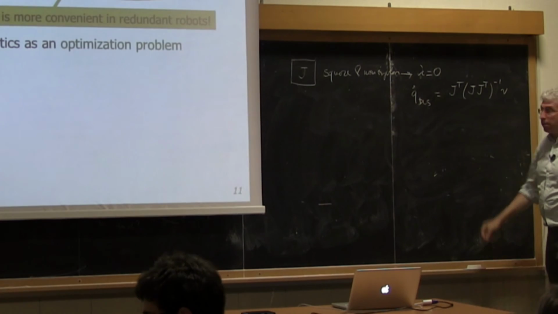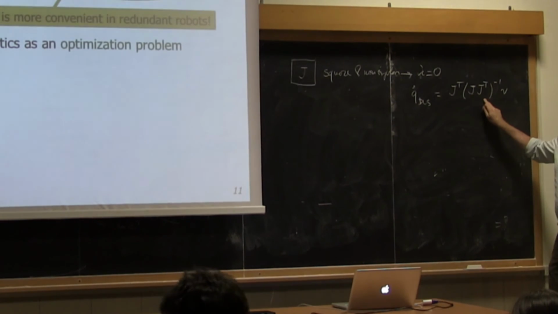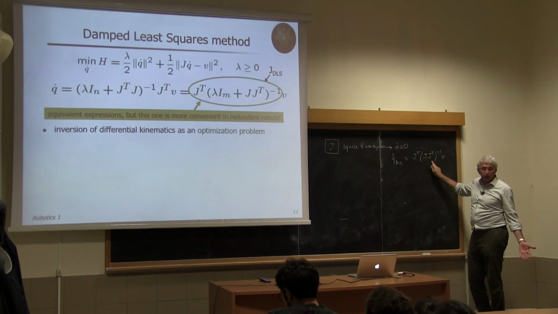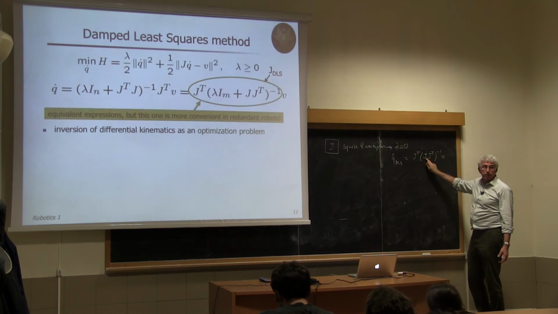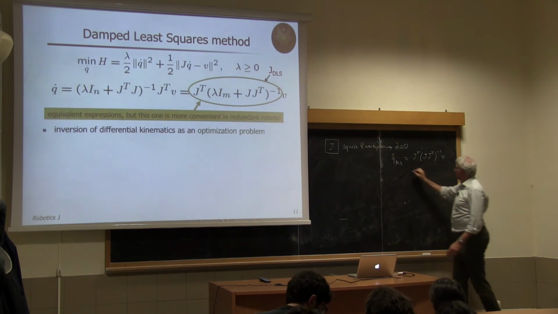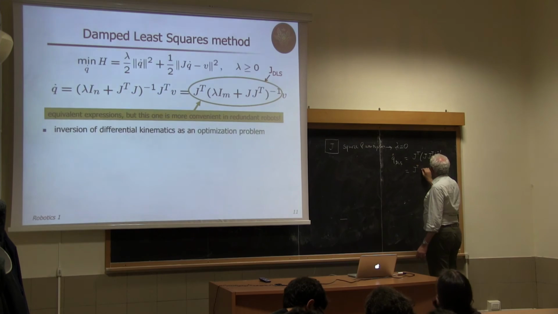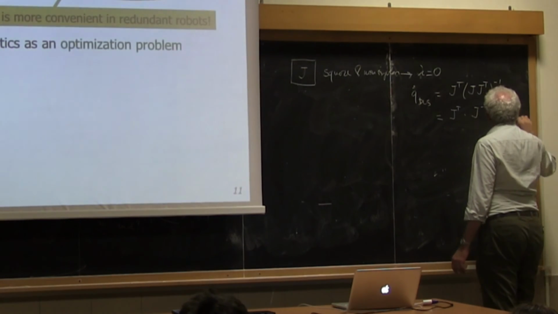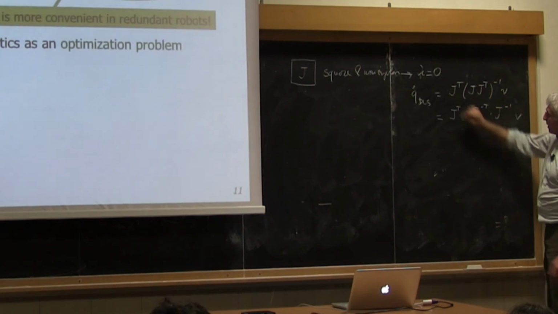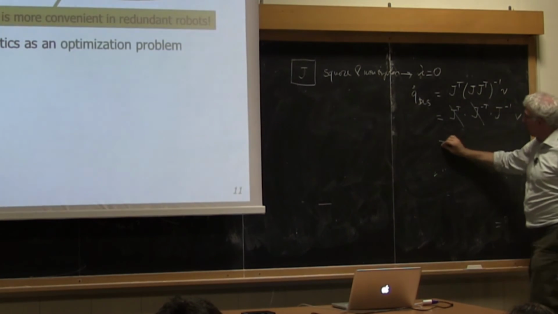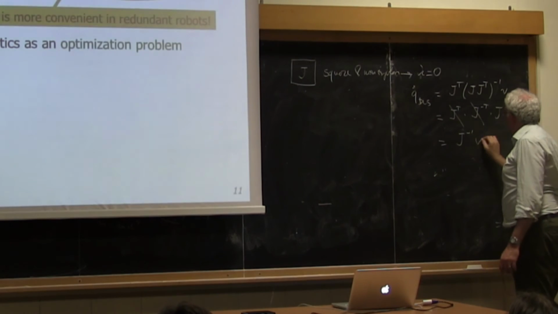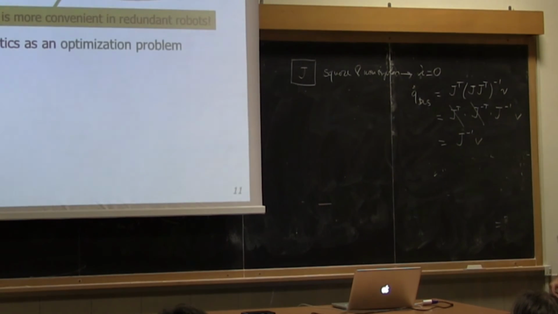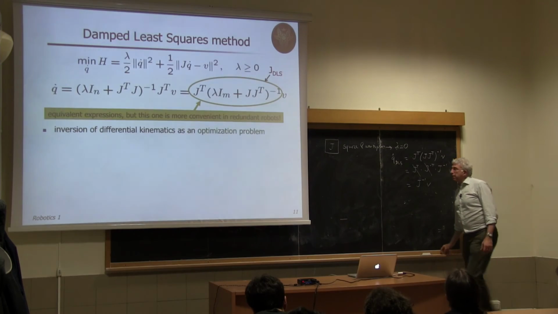Okay? But now each of these matrices is non-singular and square, so I can bring the inversion inside and distribute it. So this will be J inverse times J to the minus transpose times J transpose, and then you have this simplification, and you recover what you expect. Okay? So this is very handy.